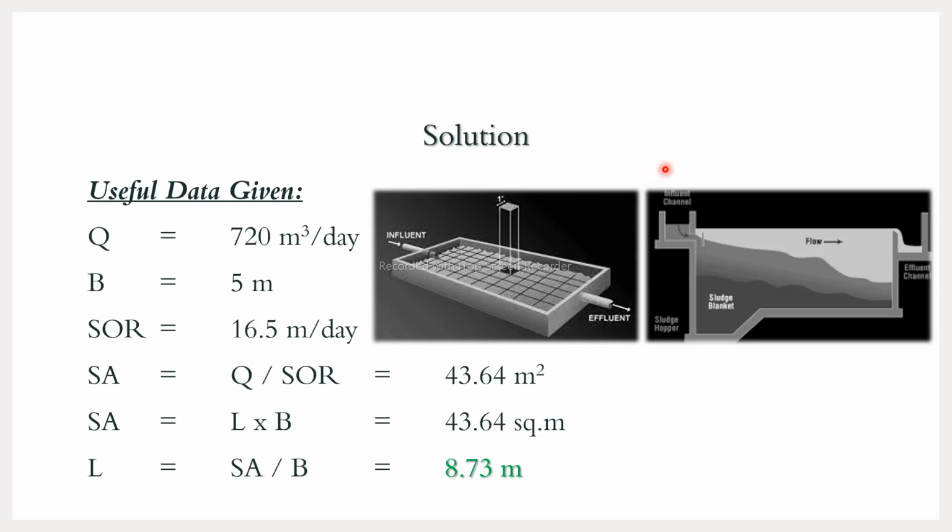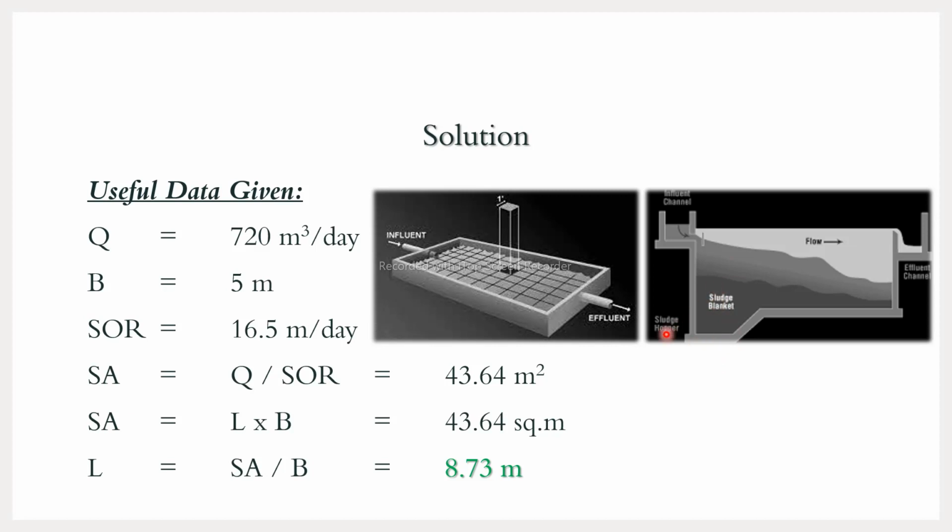So see, it depends on the concentration of the particles that is present inside the feed water. If the concentration is high, the sludge hopper will be full in a short period of time. If the concentration of particles at the inlet feed water is low, then it will take time to fill up the sludge hopper, or sorry, sludge blanket.